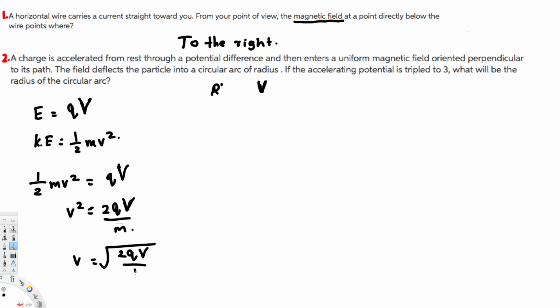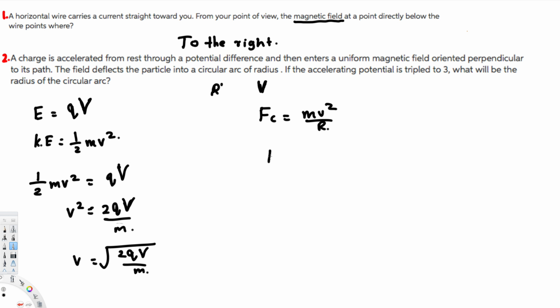This is the velocity equation, and since this is circular motion, there's a centripetal force. Centripetal force is Fc equal to mv squared over r, and this is due to the magnetic field.